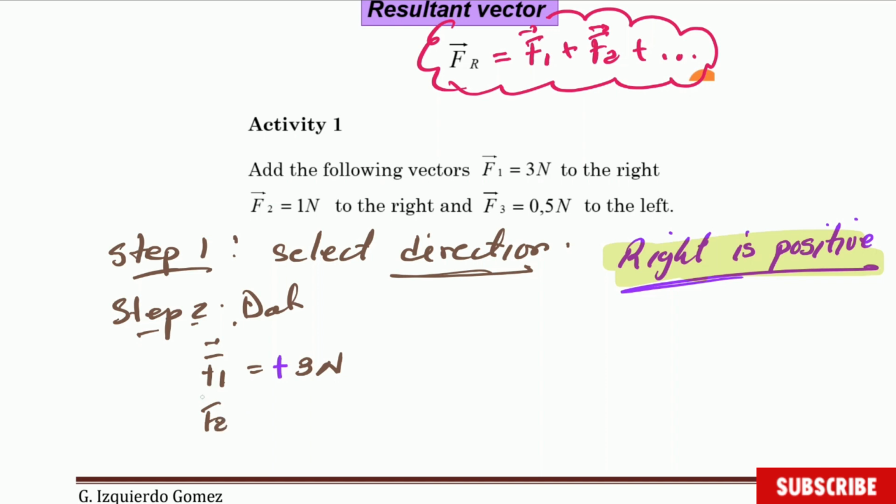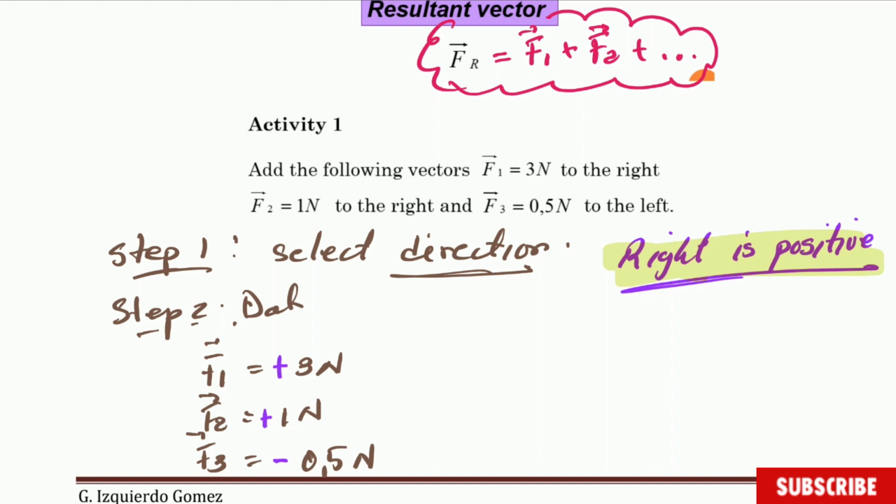F2 is equal to 1 Newton, also to the right. I am going to write here positive. And then F3 is going to be equal to 0.5 Newton to the left. If right is positive, left is negative, therefore it is a negative vector.